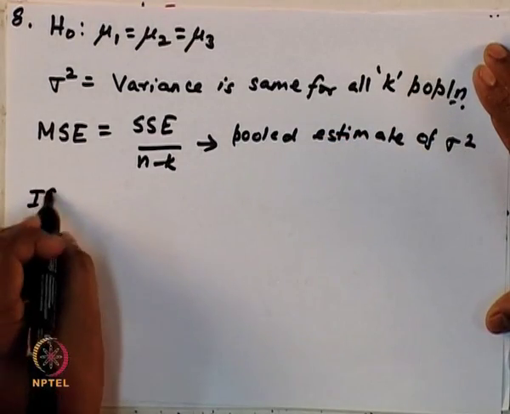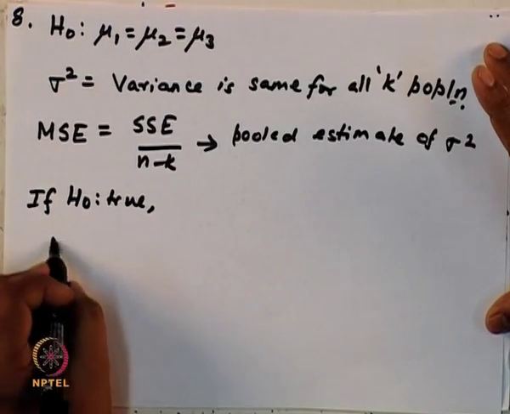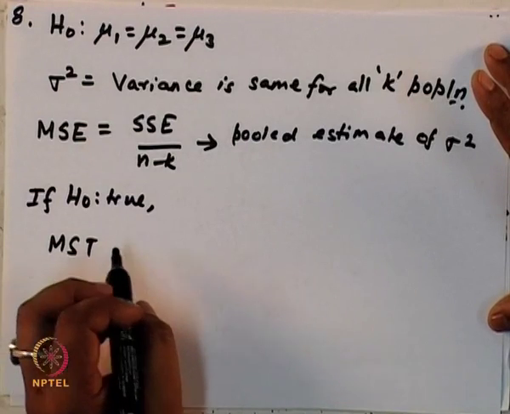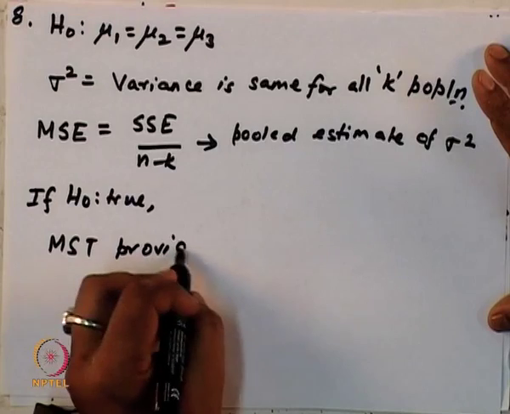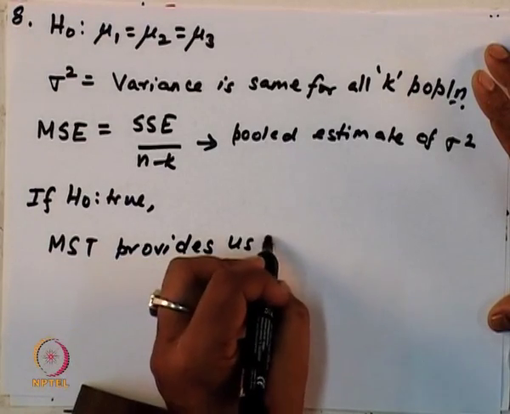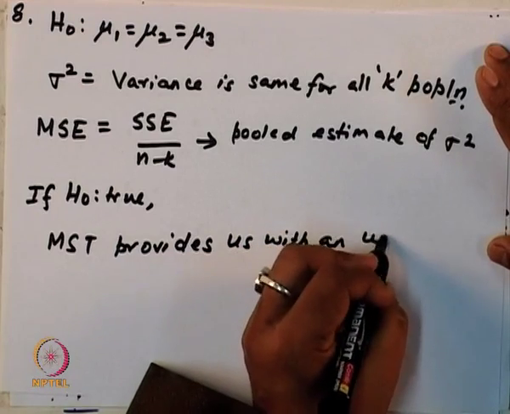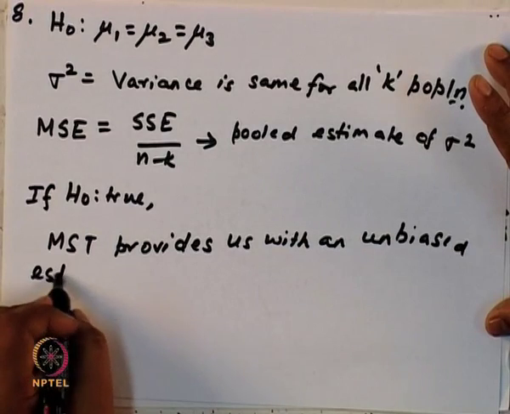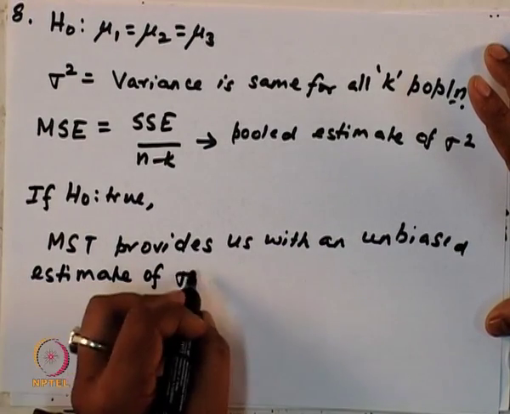If H naught is true, then MST also provides us with an unbiased estimate of sigma square.